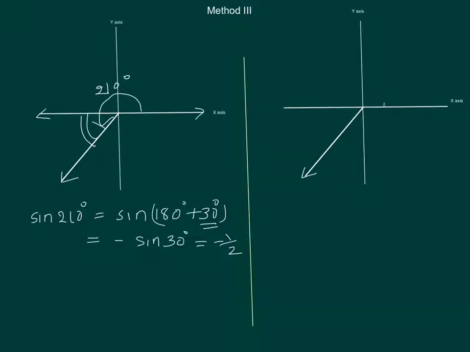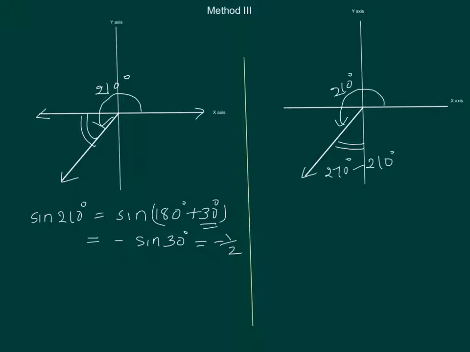Let us consider y-axis as the line of reference to calculate the reference angle. Again, let this angle be 210 degrees. Then the reference angle will be given by 270 degrees minus 210 degrees.